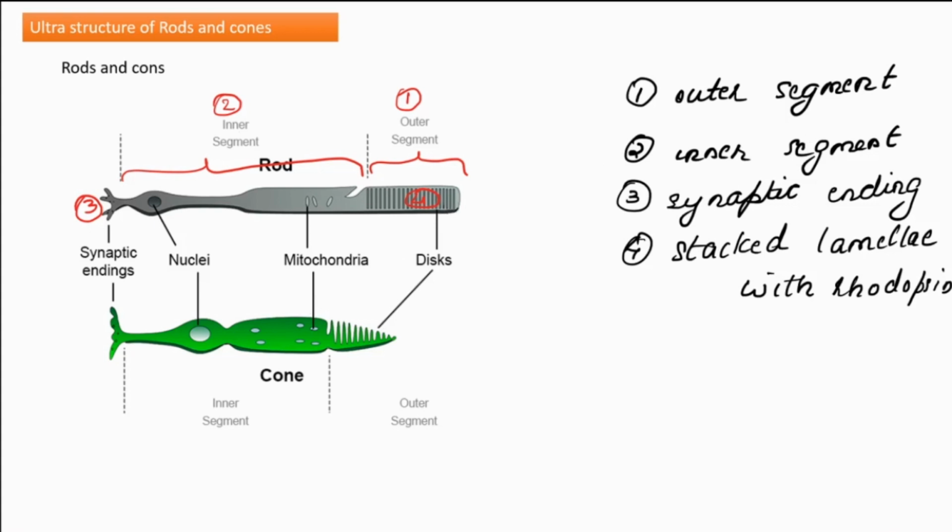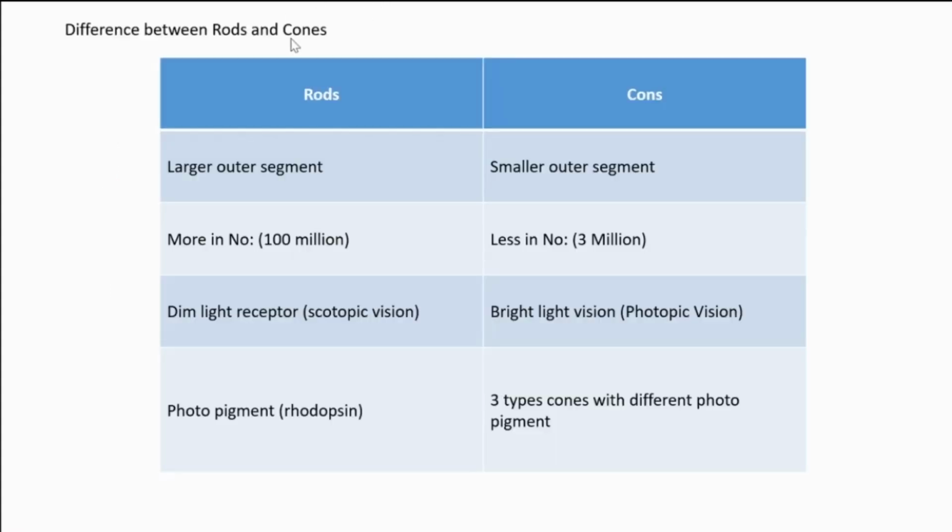Okay. Next, the difference between rods and cones is often asked in exams, so you need to learn it very well. Don't avoid it. In rods, the outer segment is larger; in cones, the outer segment is smaller, which you can see in the image of rods and cones. Regarding number, rods number about 100 million and cones fewer than 3 million.